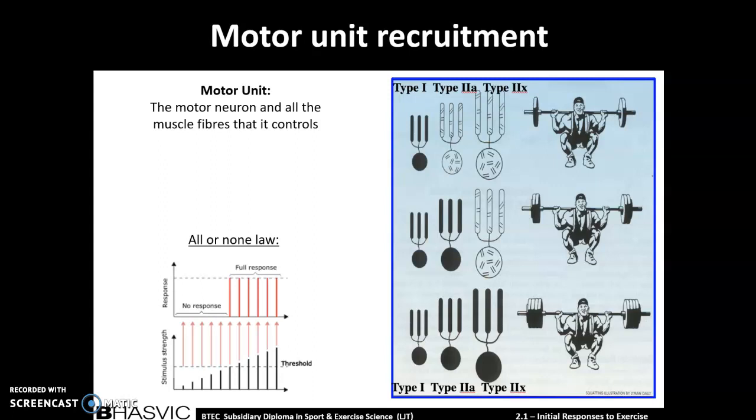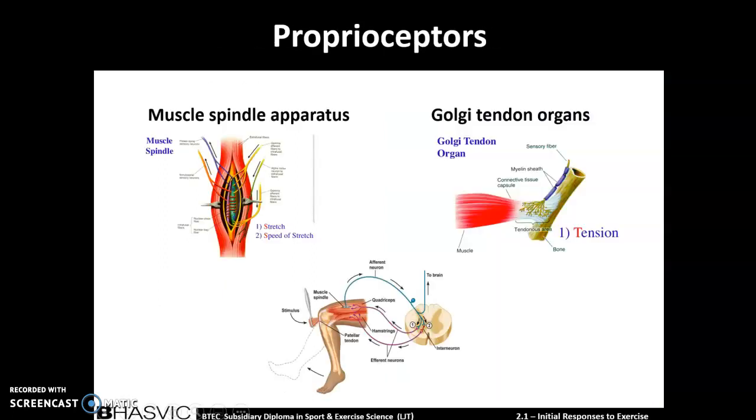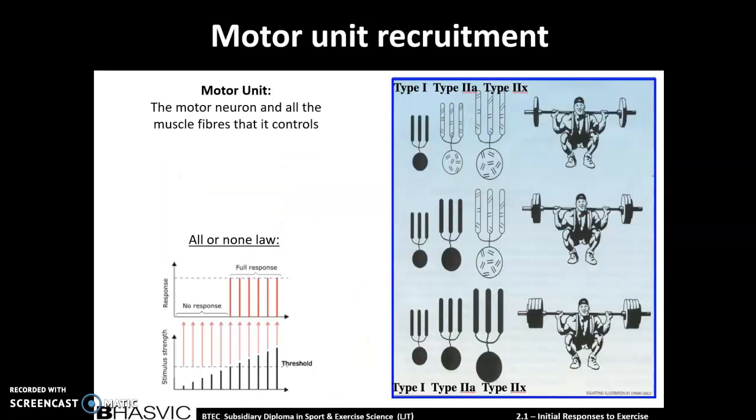And during exercise, first the slow oxidative muscle fibers would be recruited, and then as the intensity increases, the fast oxidative glycolytic muscle fibers would then also be recruited, and then as the intensity increases even more, then the fast glycolytic muscle fibers will be recruited.